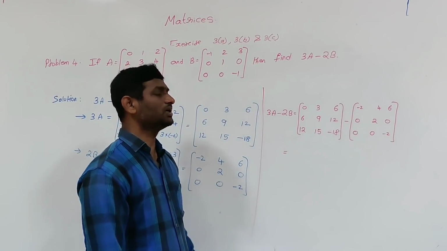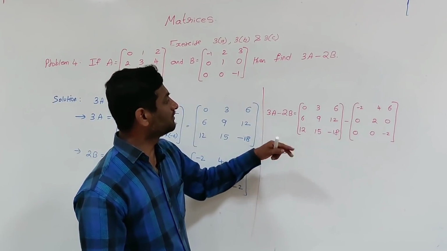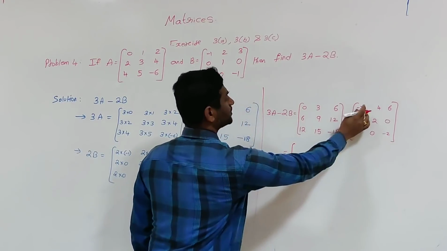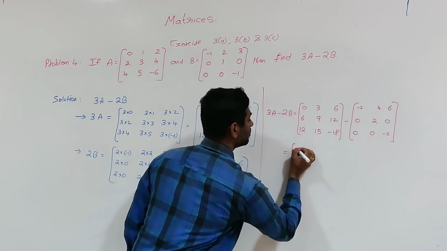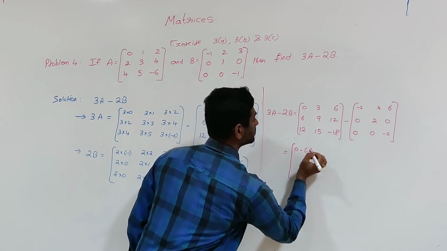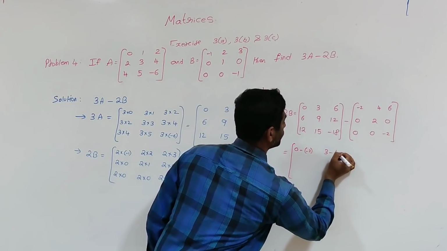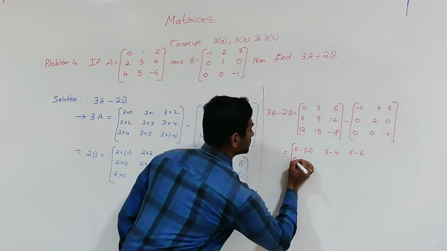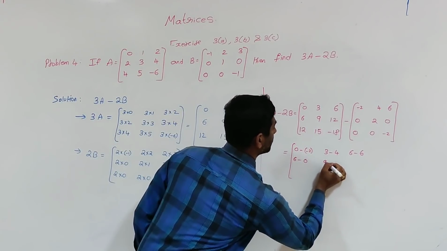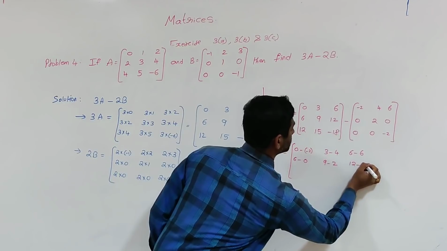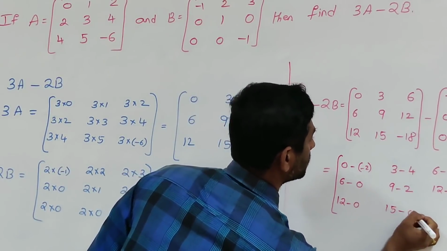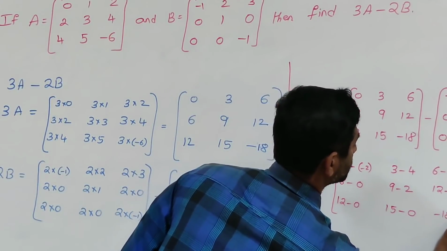The difference of the corresponding elements gives the matrix. Minus 2 is subtracted from 0, so 0 minus minus 2; 3 minus 4; 6 minus 6; 6 minus 0; 9 minus 2; 12 minus 0; 12 minus 0; 15 minus 0; minus 18 minus minus 2.